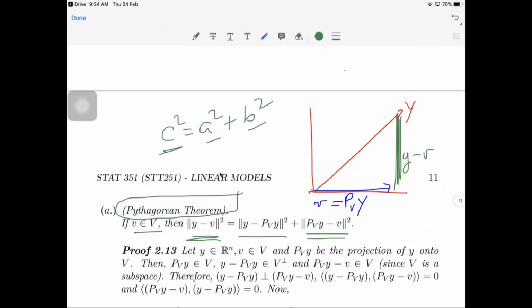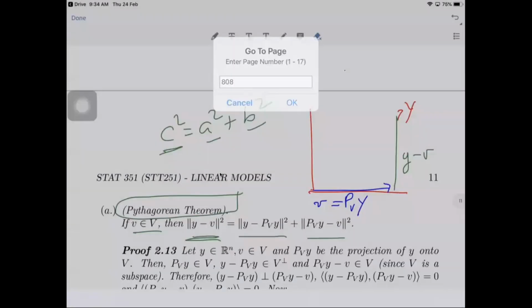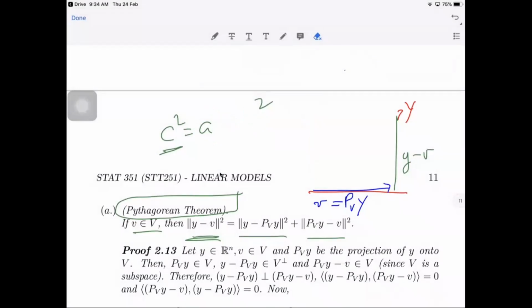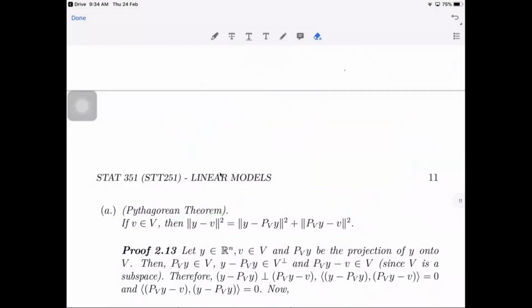Katumang guni siya vector na space, so pwede na siya i-tilt na that will become the hypotenuse of a triangle. Okay. So let's prove this.